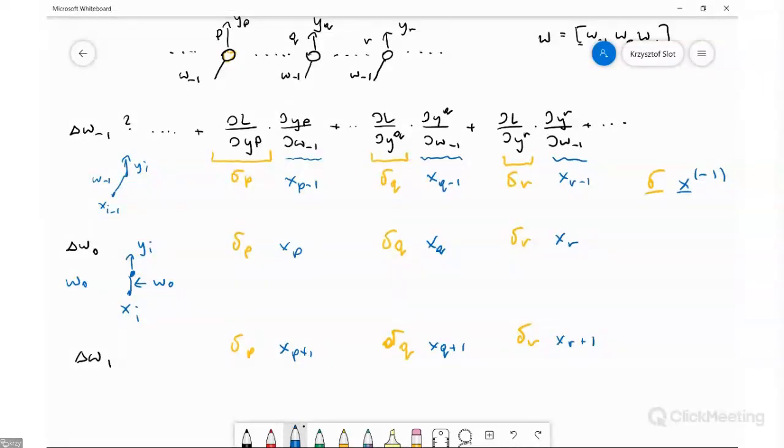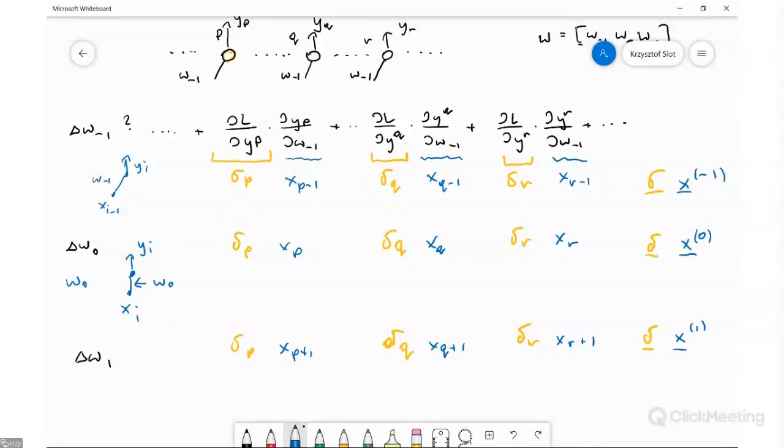Now here is a dot product between the same delta and just a vector of inputs. And here is a dot product of an error vector and inputs that are one element to the right.